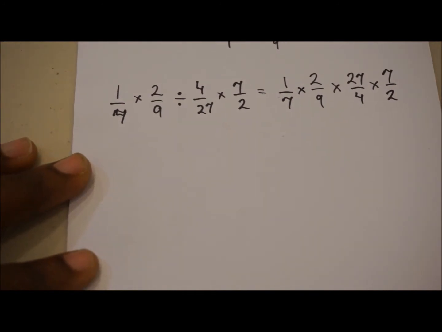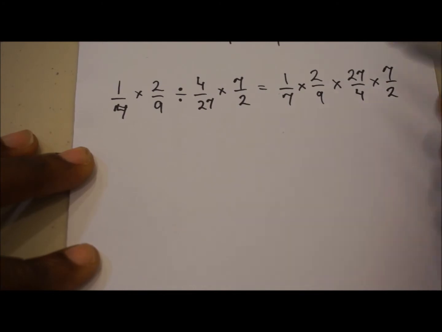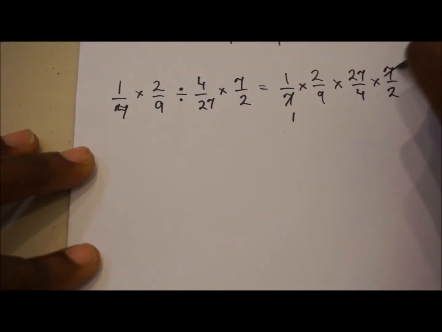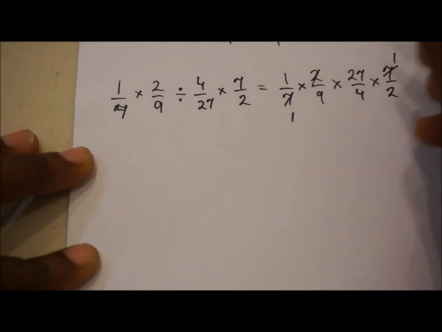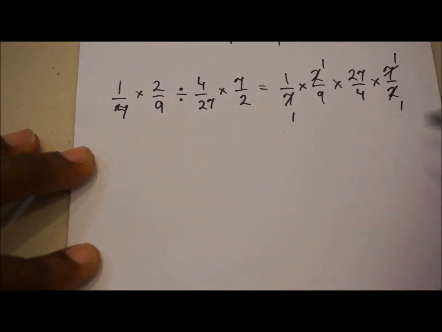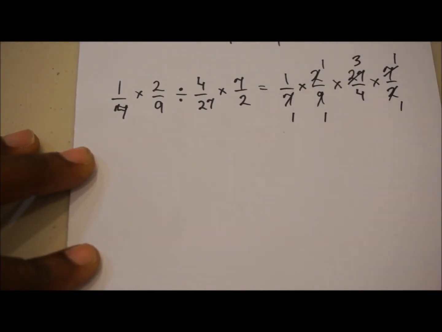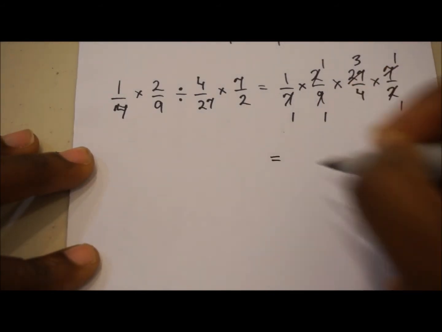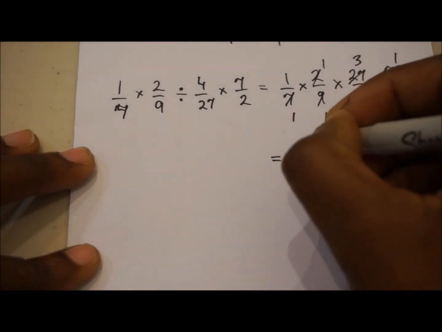And then from there now, I do my cancelling as much as I can. Notice 7 into 7 goes 1 time. Then I have a 2, 2 can cancel out 2. And then 9 and 27. 9 into 9 goes once, 9 into 27 goes 3 times. So notice how simple my problem has become. 1 times 1 times 3 times 1 is 3.